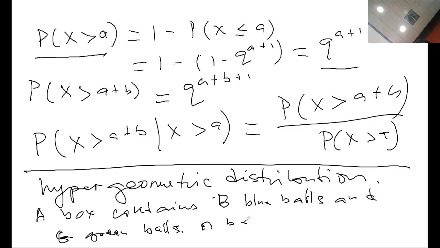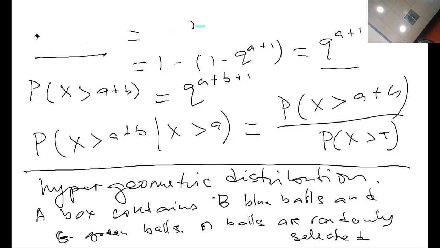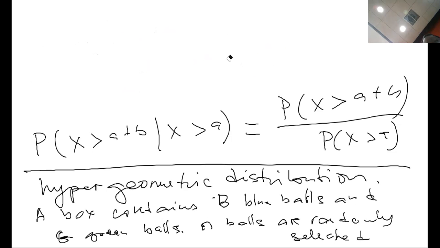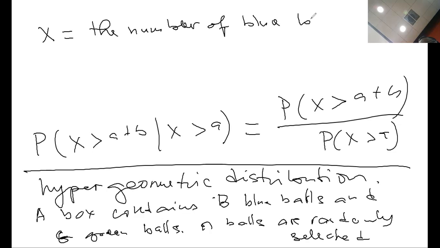N balls are randomly selected. We have done this type of problem before. Do you remember that? N balls are randomly selected. X equals the number of blue balls is a hypergeometric distribution.